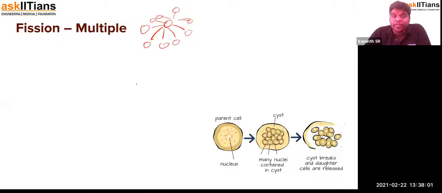This type of reproduction is found in, an easy example, the malaria-causing Plasmodium parasite. Okay, it's actually a parasite, a protozoan. This malaria-causing parasitic protozoan actually undergoes multiple fission that results in formation of a cell which consists of multiple number of cells. So that's what you can see over here. It has a single cell and only one nucleus, and this nucleus will undergo multiple divisions.